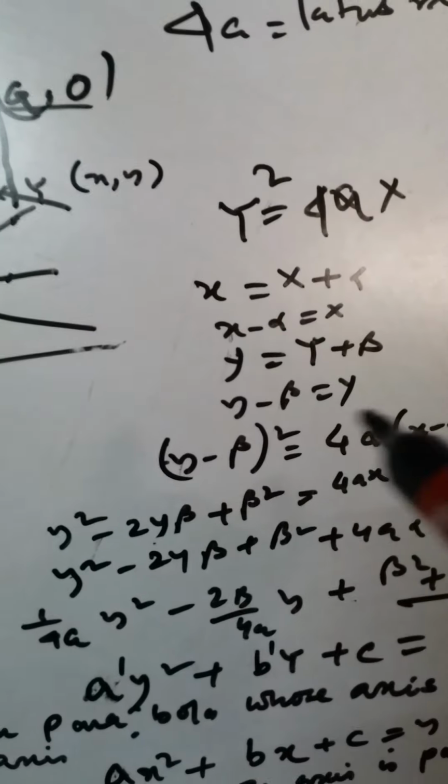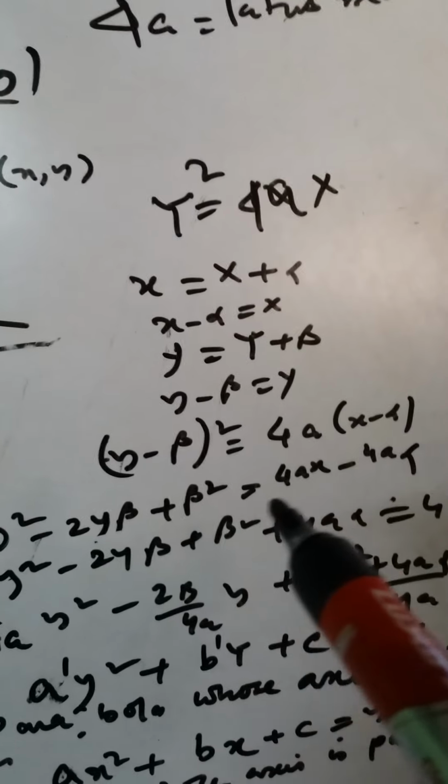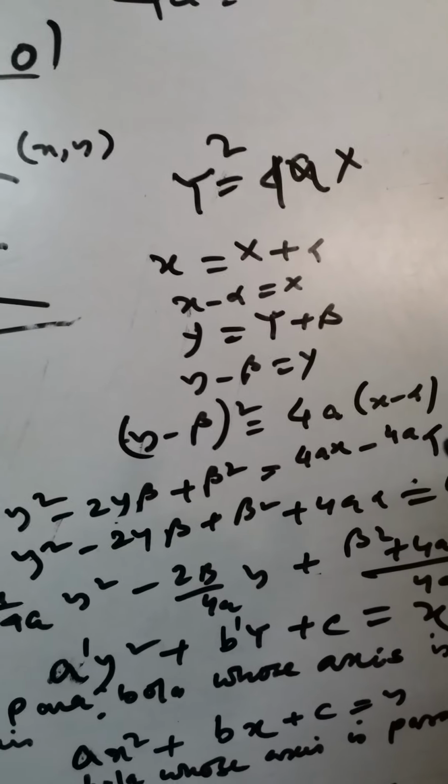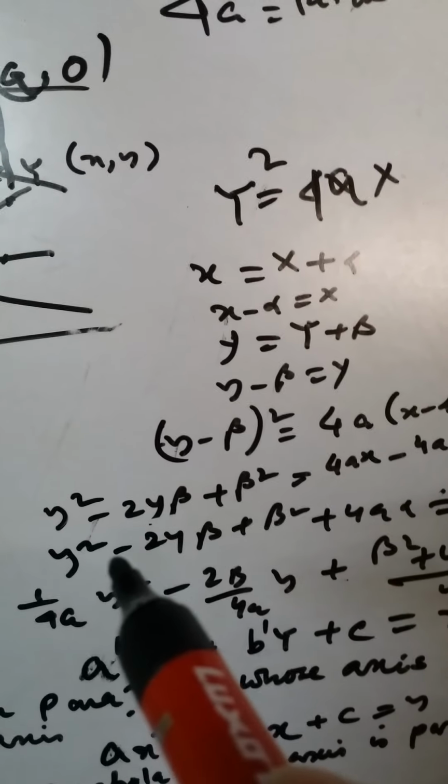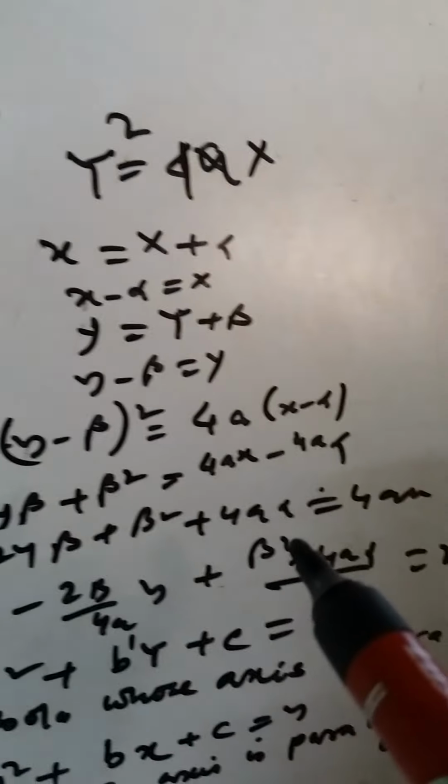Now if we expand this equation, you get y square minus 2y beta plus beta square equals 4ax minus 4a alpha, so y square minus 2y beta plus beta square plus 4a alpha equals 4ax.